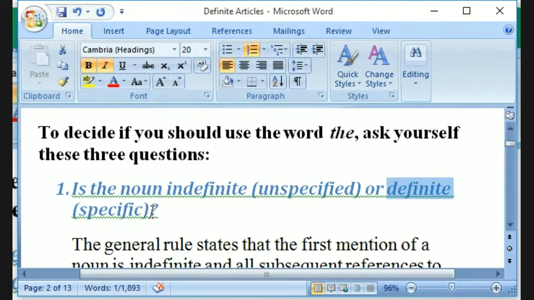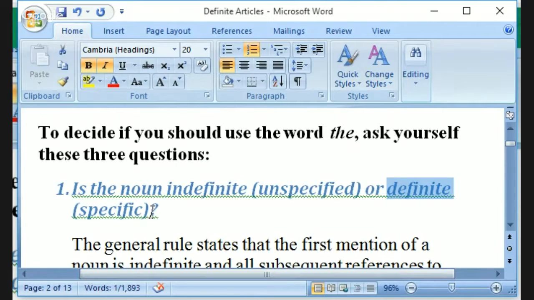The weird thing about using articles is that the speaker is assuming what the listener knows. Most of English is from the speaker's perspective. However, strangely enough, the choice of the article is based on what you believe the listener knows.